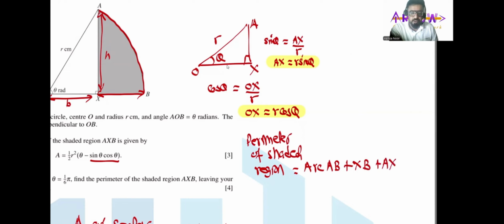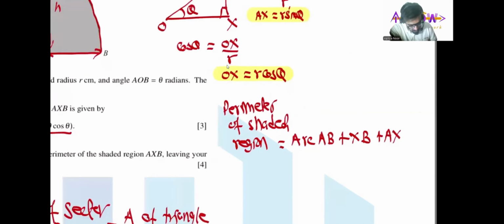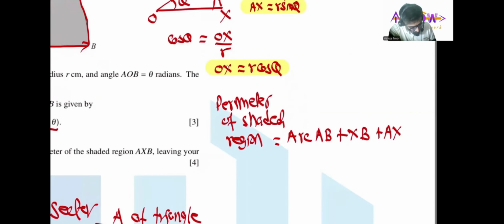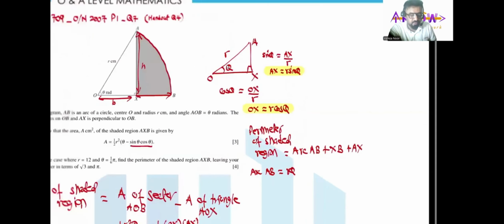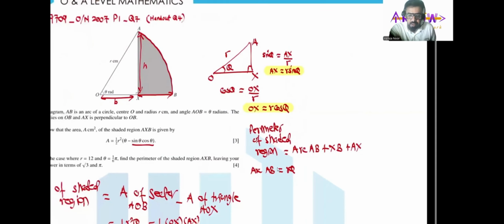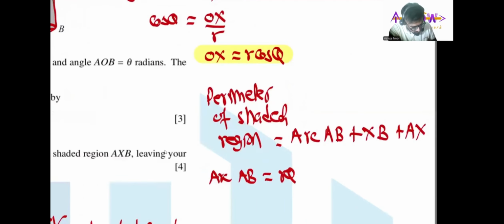Now, arc length AB is basically R multiplied by theta, the formula for finding the arc length for the sector. So R is 12 and theta is pi over 6, so arc AB would be 12 multiplied by pi over 6, which is 2 pi centimeter.